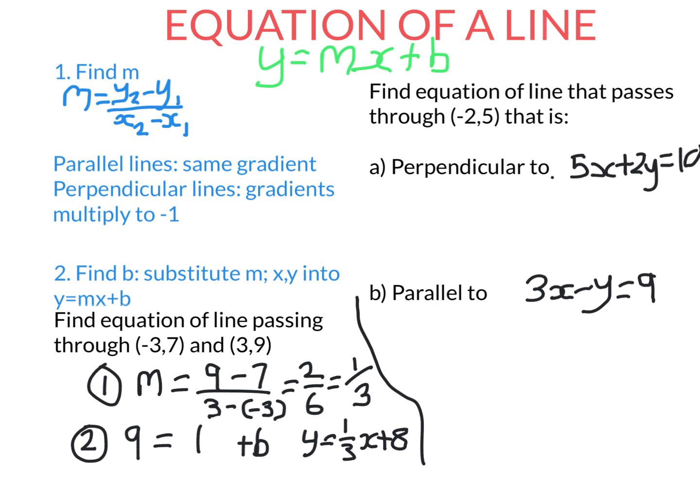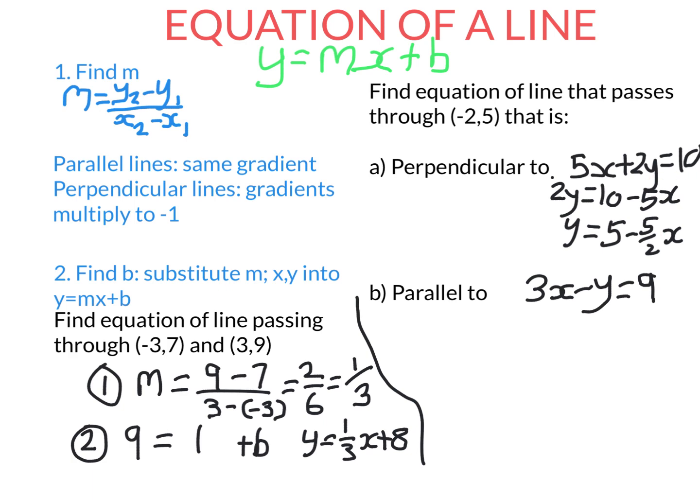So I can rearrange this to make y the subject. I'd subtract 5x from both sides, and then divide each side by 2. So I get y equals 10 divided by 2, and then minus 5 divided by 2. The gradient of this line here is -5/2.